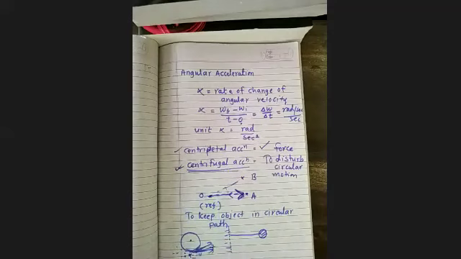What is another example of centrifugal acceleration? You can take the example of making butter from milk.